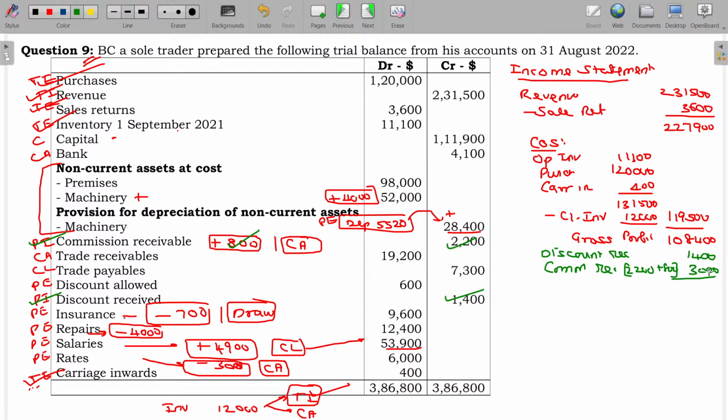The overall income being 1,12,800. Now we can subtract the expenses related to the P&L section one after one. We'll start with the discount allowed. The value being 600.